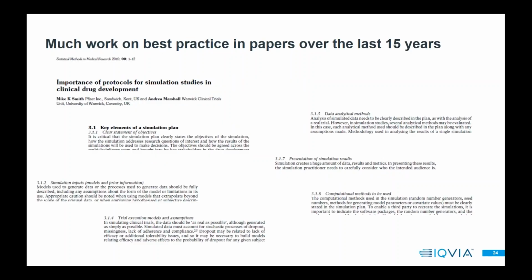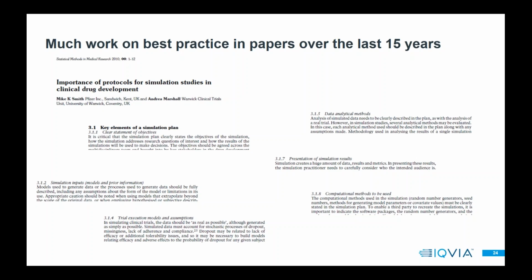Okay, so just to give a little bit more of the background to how we went about proposing the best practice, I'm just flashing up there some parts of that paper by Smith and Marshall, and you can see just from the headings, it might be worth having a look at the slides afterwards.